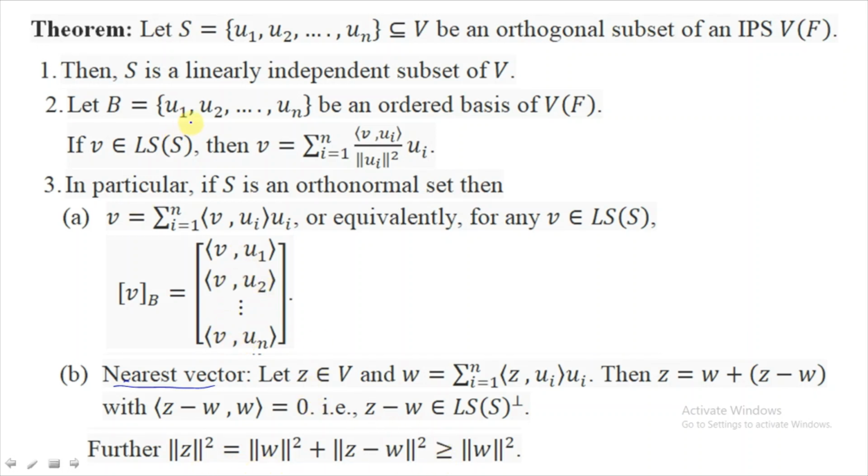First one: S is a linearly independent subset of V. First I have given that S is orthogonal. We'll see the proof. 1. S equals U1, U2, ..., Un is an orthogonal set.